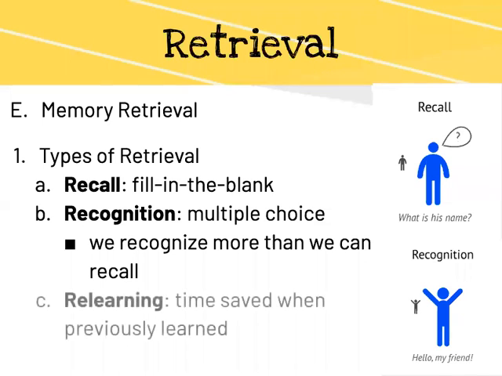We also have what is called relearning. This relates back to the spacing effect. If I learn something once, learn it again, and then look at it again, it is going to take me less time to relearn it each time. If we go back to the Ebbinghaus list at the beginning of the year, I think the first high score was like 8.